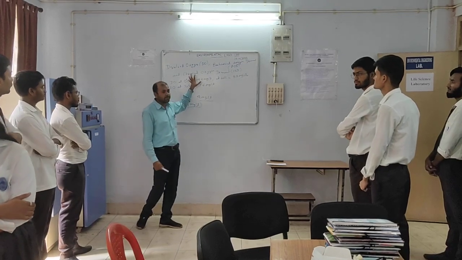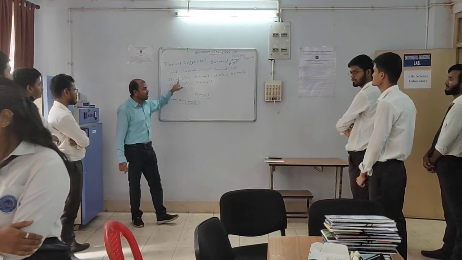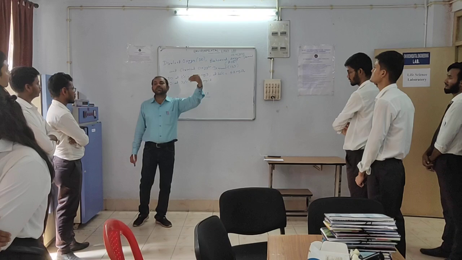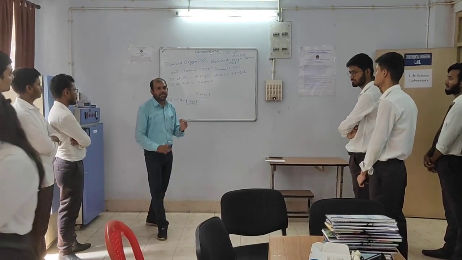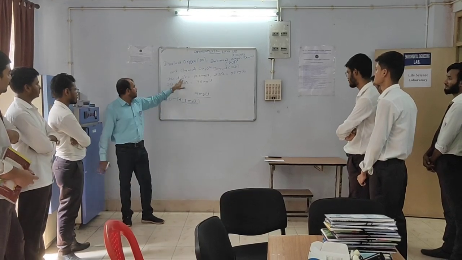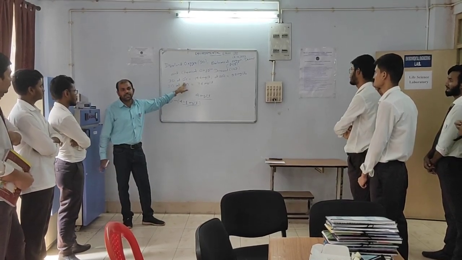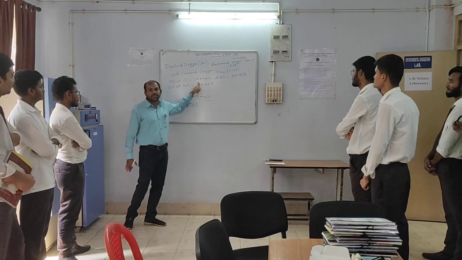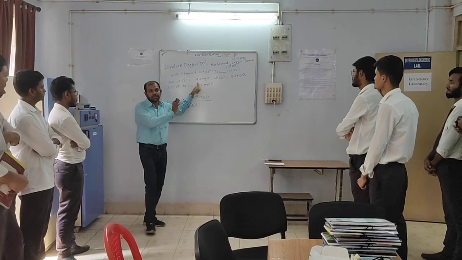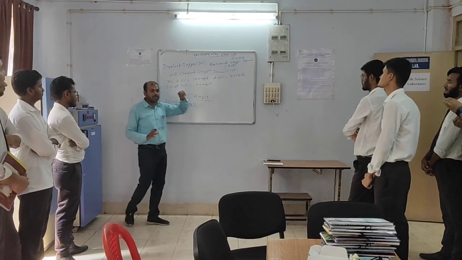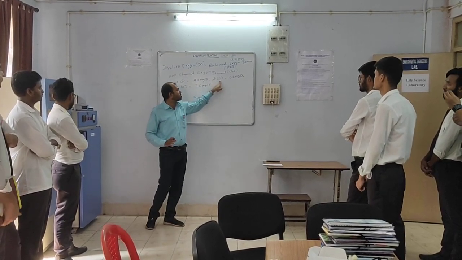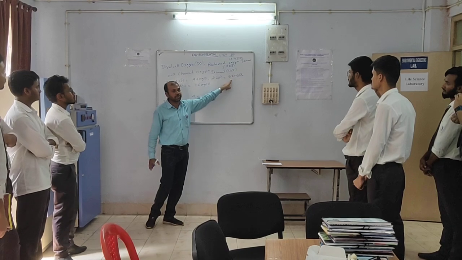Dissolved oxygen is very important, and it decreases with temperature, meaning the rate of dissolving of oxygen decreases with temperature. For instance, the dissolved oxygen quantity at 0 degrees centigrade is 14.6 mg per liter. But at 20 degrees centigrade, it reduces to 9.2 mg per liter.